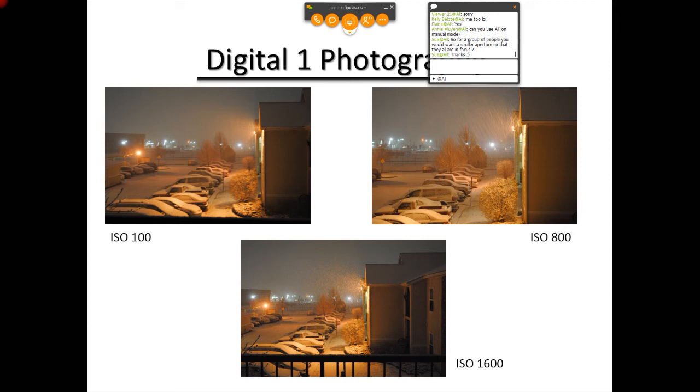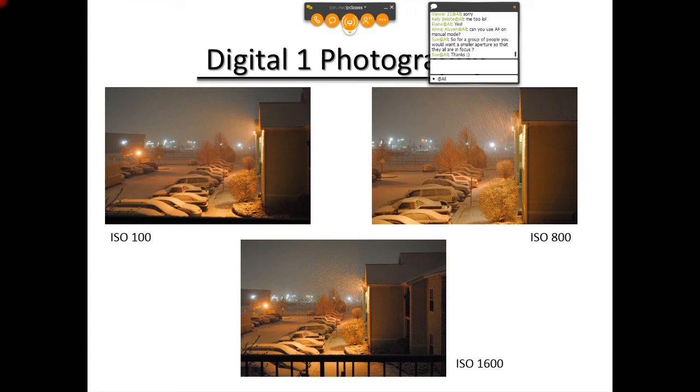You can see the snow is still kind of blurred, but you can see a little bit more detail, which basically, by bumping it up to ISO 800, I was able to also speed up my shutter so I could handhold my camera better.